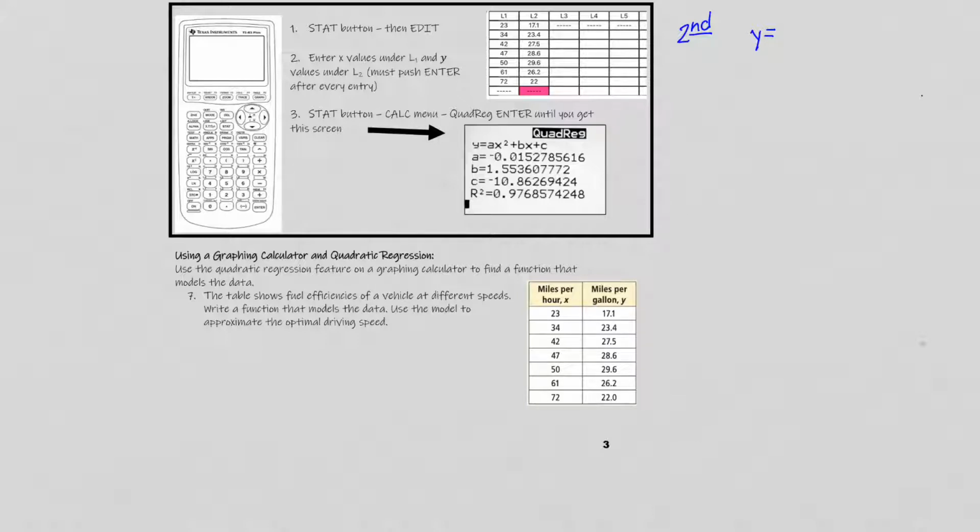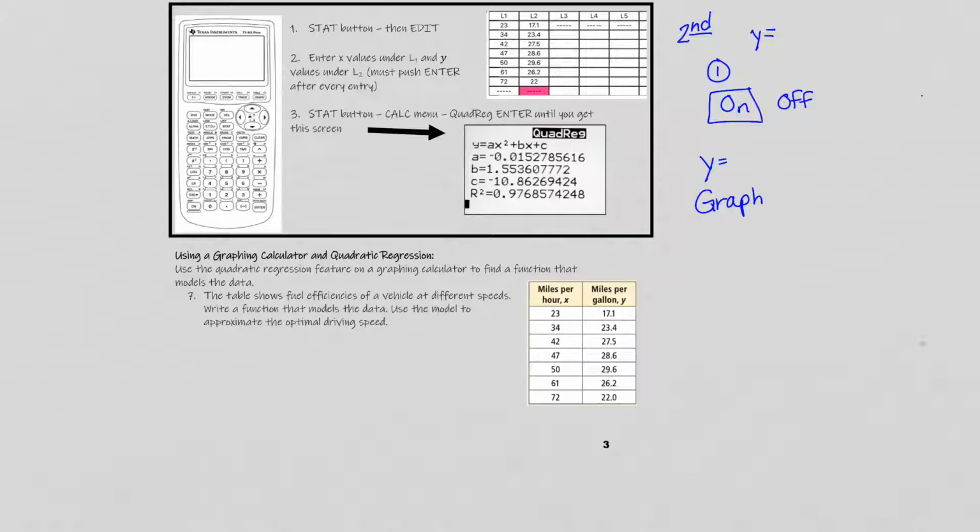And I want you to push number 1, so it goes to that first one, and where it has the words on and off, I want you to get your scroller over the on and push enter, okay? Then I want you to push the Y equals again, and make sure all of your equations are blank. If they're blank, then push graph. Okay, this is going to allow you to see those points.